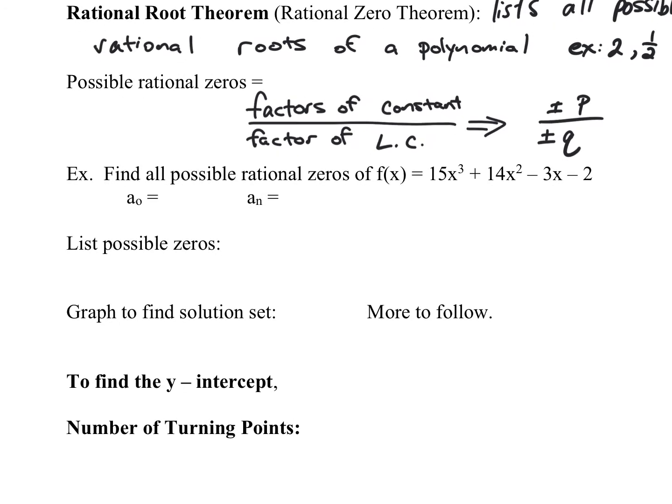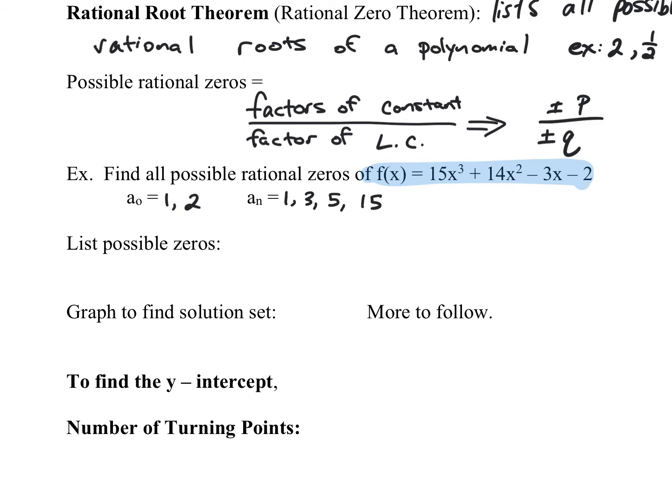Well, if I wanted to find all the possible rational factors of, say, this polynomial here, I am going to take all the factors of the constant term, which is 2, and all the factors of the leading coefficient, 15.